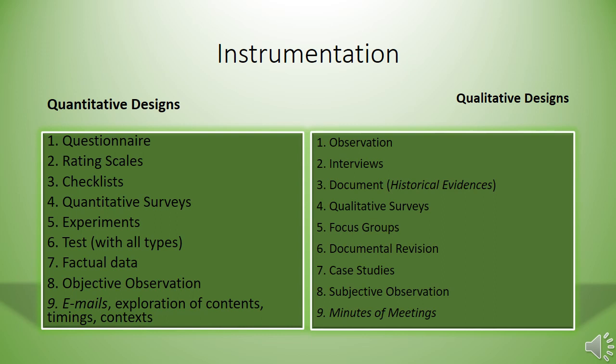Sometimes we have factual data, objective observations, and content exploration, timings, etc. But when we go for qualitative designs, we have open-ended, in-depth interviews, observations, historical evidence, qualitative surveys, focus groups, documental reviews, case studies, and many more things like that.